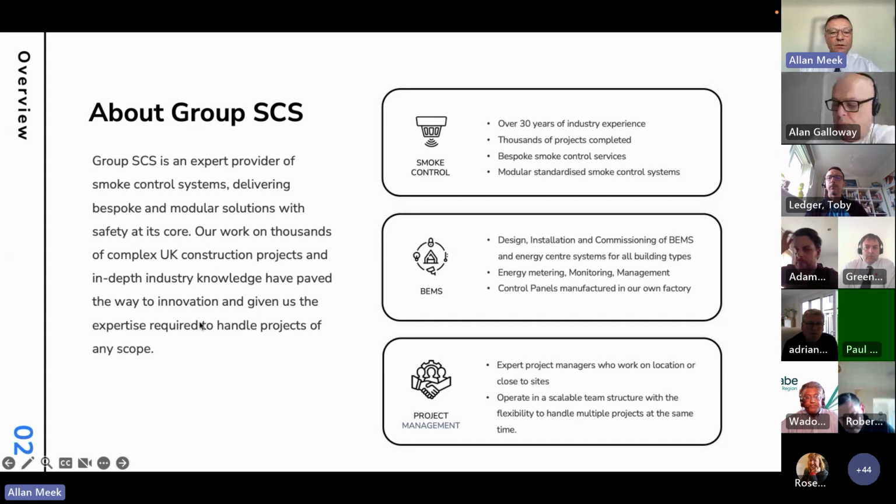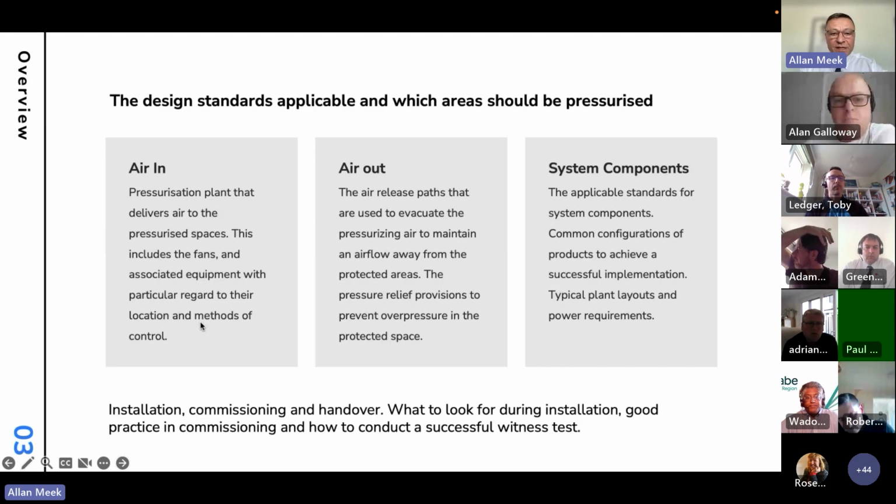Sorry, okay. So the presentation, I've tried to split it into manageable chunks, so as not to lose you in it. We start with looking at the design standards that apply and the decisions on which areas need to be pressurised. We then look at the system. Obviously, to pressurise, we need to put air in, and we look at how we get the air in.